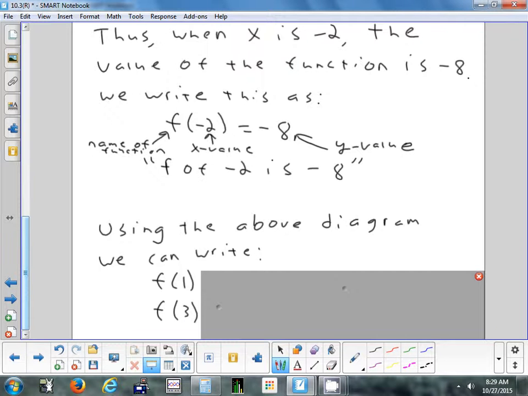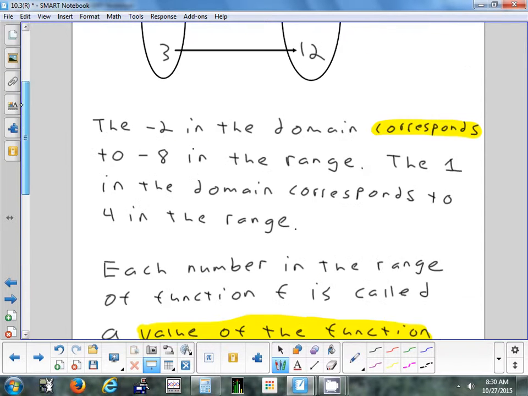All right, so let's see if we can figure out these two. Somebody just tell me, how do I pronounce that? Just what you can see on the left there. Yep, f of 1 is, now let's look at our diagram.